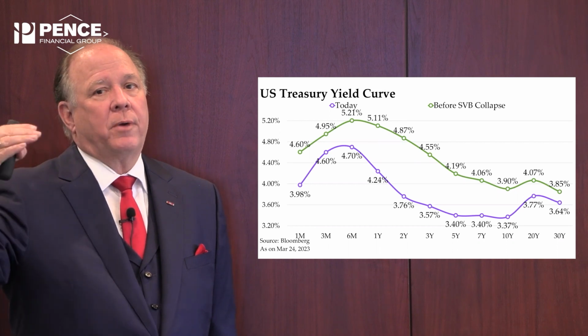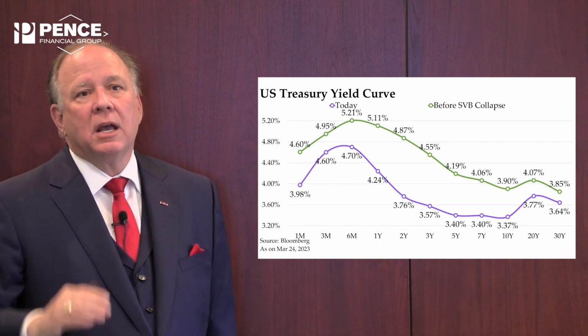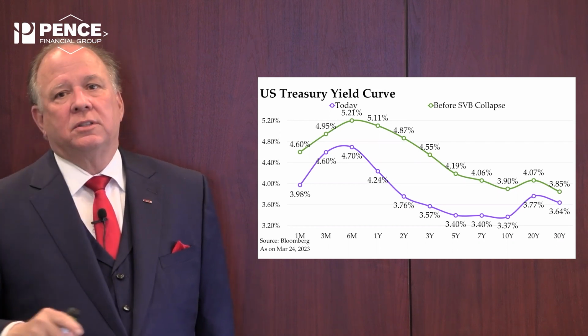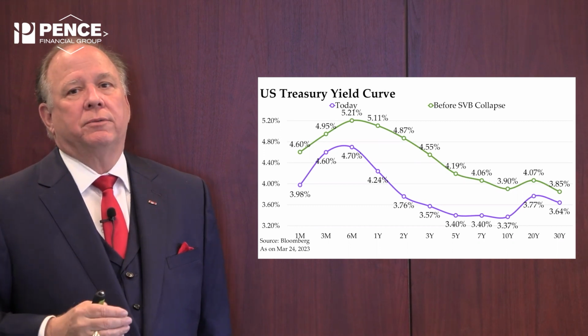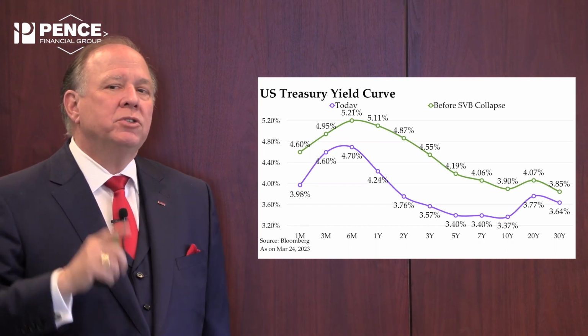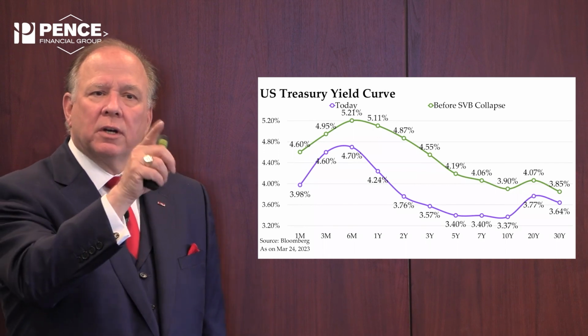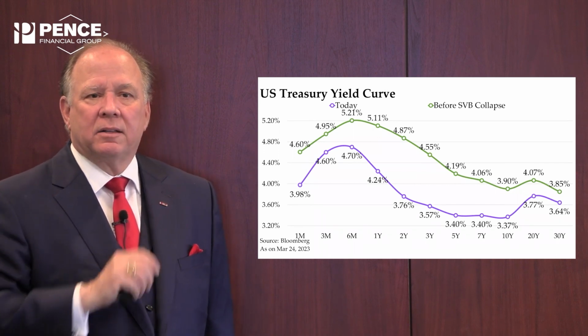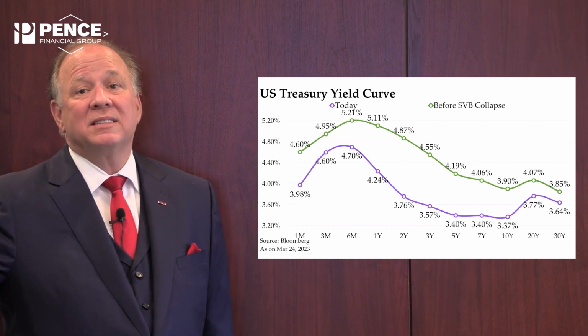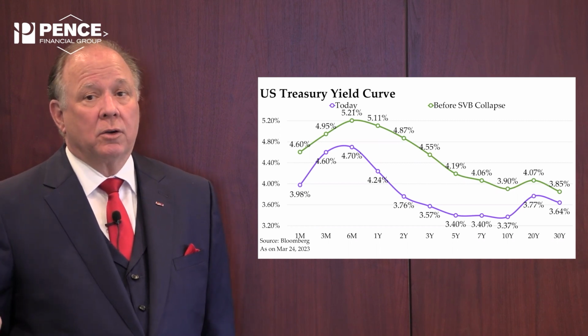They wanted to run from the banks into the treasuries, and you begin to see this shift down in yields. But the most important part about this transition is I want you to look at 3.98 at the very short end of the curve, and 3.64 at the very long end.